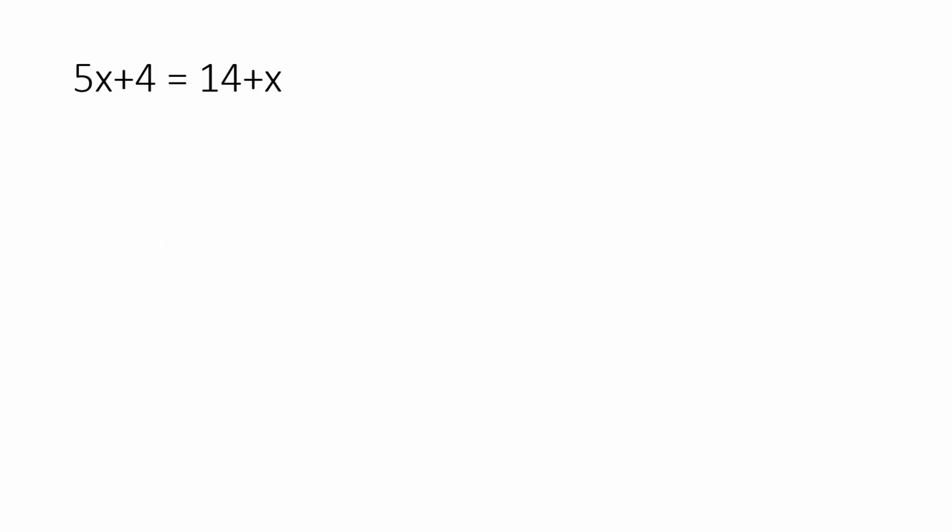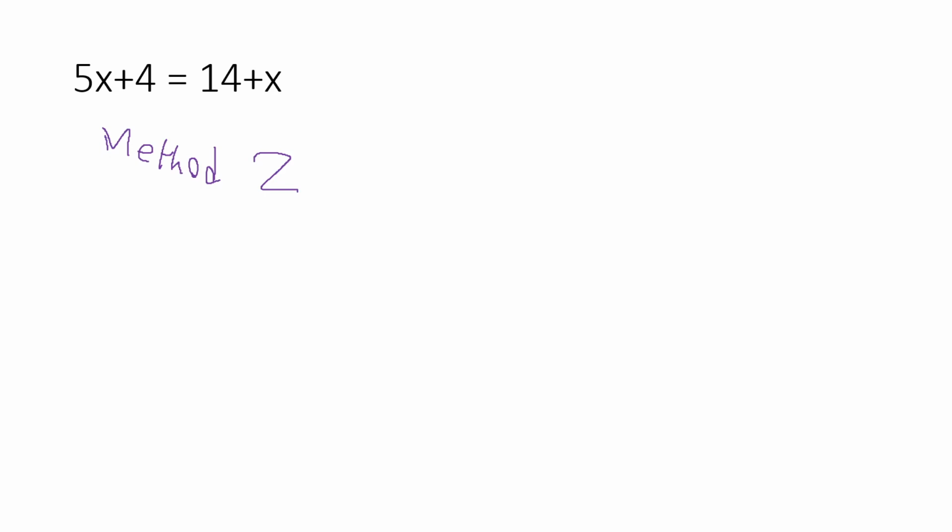When I went to A-level, a method that a few people did is they just put everything on one side and make it equal to 0, and then they worked from there. So here's another method. I'll put this as method 2, right?